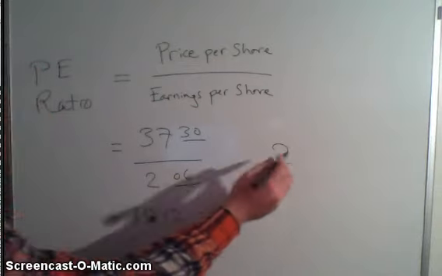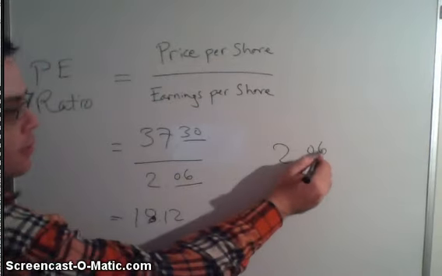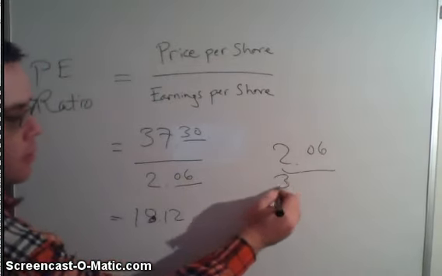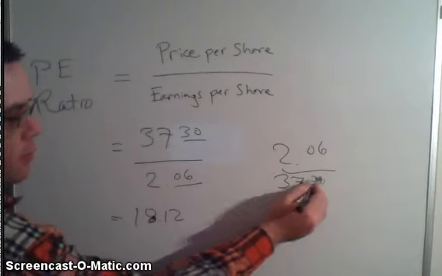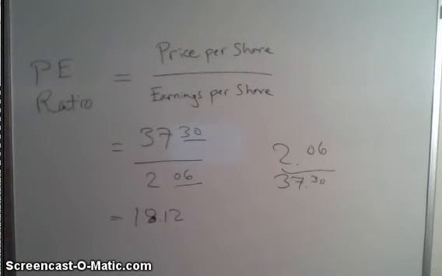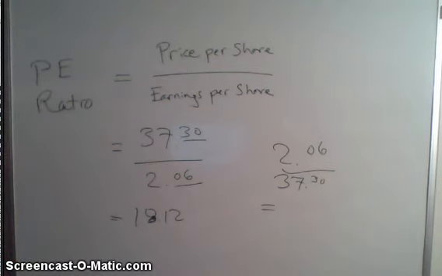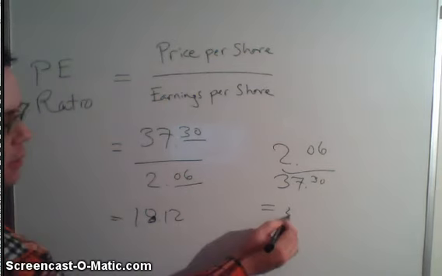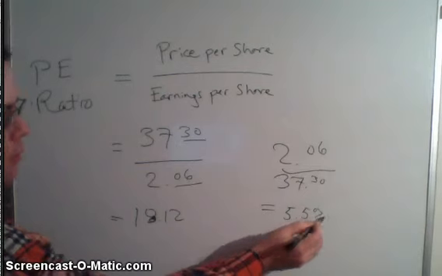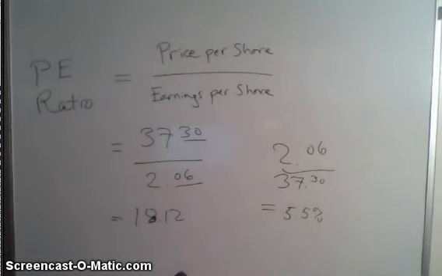If I did that over here, this equals, let me get my calculator, about 5.5%. Meaning you're earning, it's called earnings yield. You can write that in here somewhere. Sorry, my dry erase board's not perfect. Earnings yield.